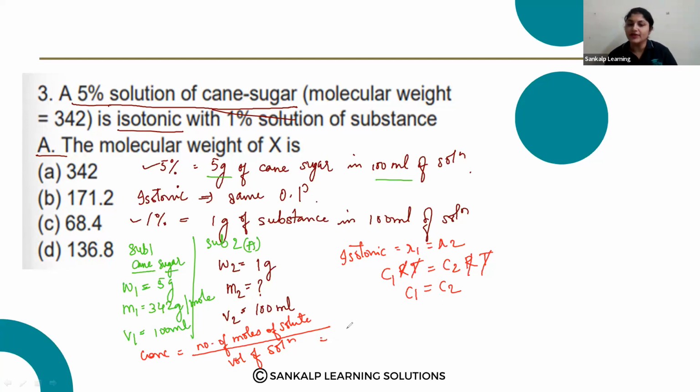So C1 is W1 divided by M1 into 1000 into V1, which is equal to C2, that is W2 divided by M2 into 1000 into V2.